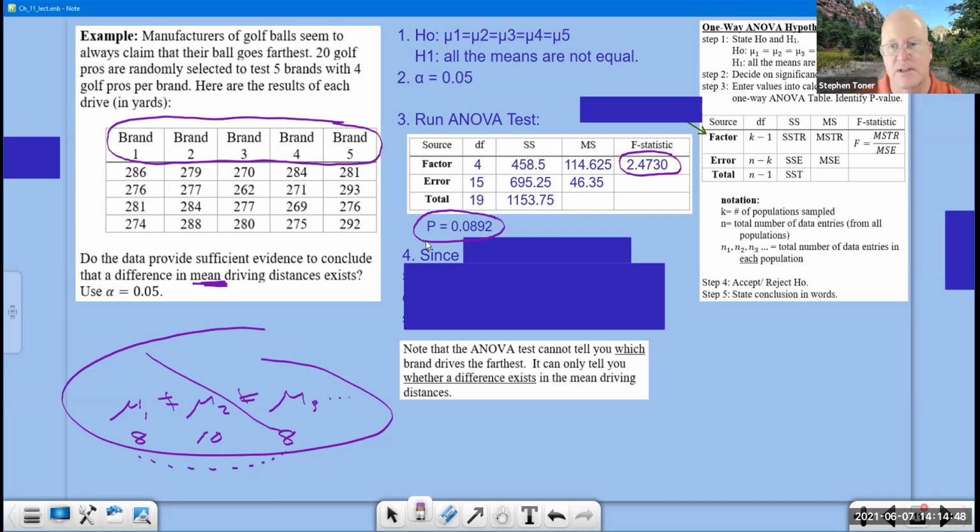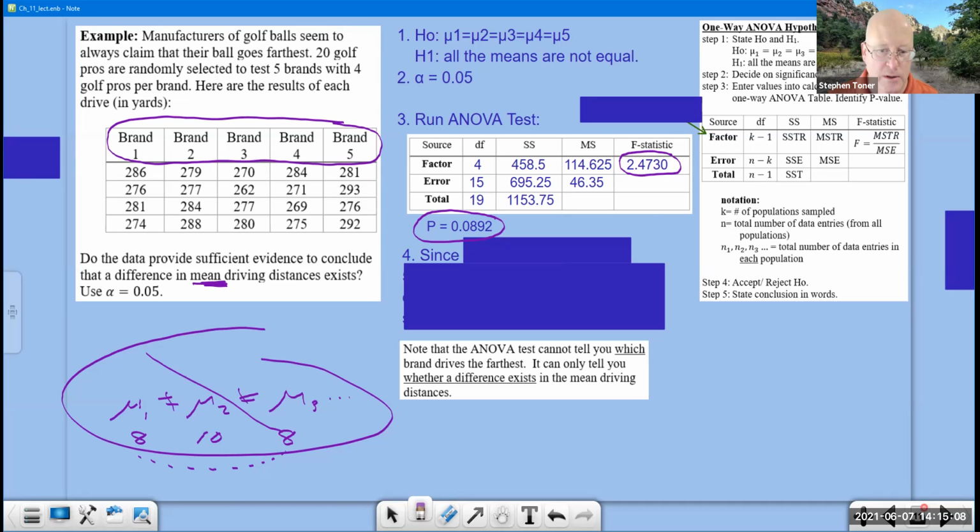Now, for most of us, that's all we need, right? Because with the p-value, we can make our decision. And that F statistic is like a t-value or a z-value or a chi-square value. It's just a different distribution we're using this time, okay? And then it gives you some more numbers.